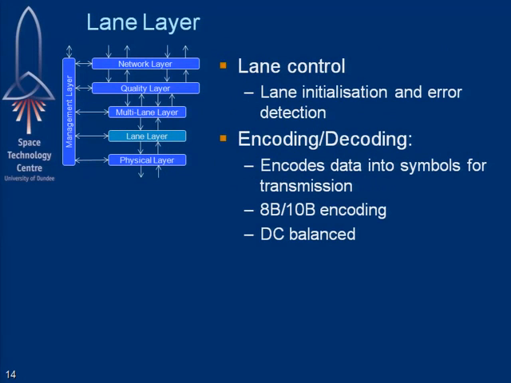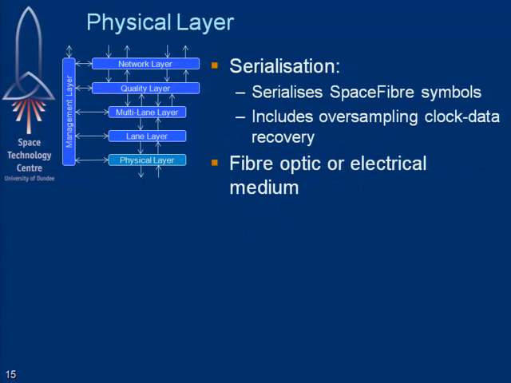The lane layer provides initialization of a single lane and error detection for that lane, and it is responsible for encoding the information to be sent over the link. We use 8B/10B encoding, which is DC balanced and supports galvanic isolation. The physical layer serializes the SpaceFibre symbols and does the clock data recovery.